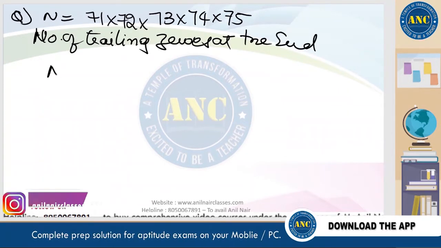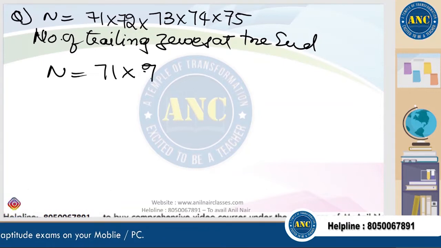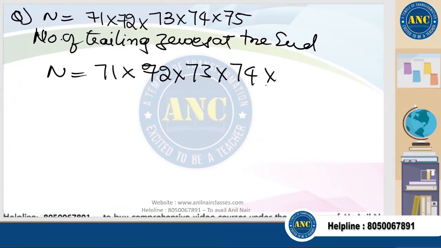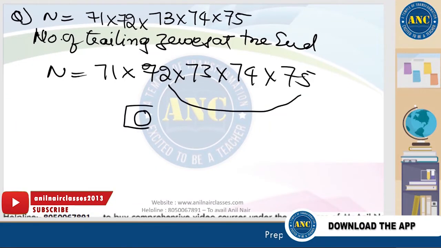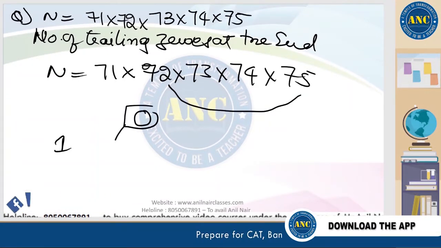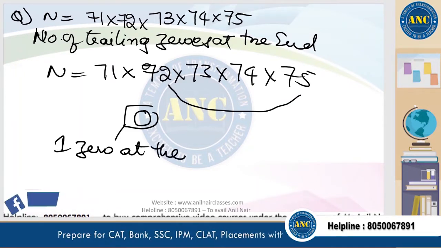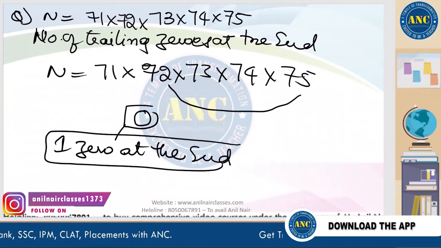The number of trailing zeros is nothing but the multiples of 10. 71, 72, 73, 74, 75. 5 2s are 10. Only one 0 is there at the end. So the answer is, there is only one 0 at the end. I hope it is clear.